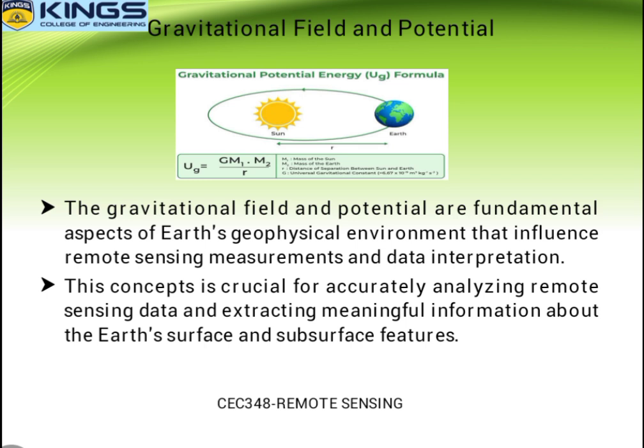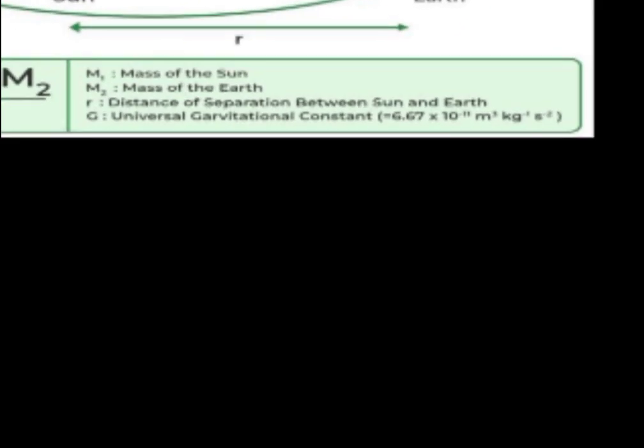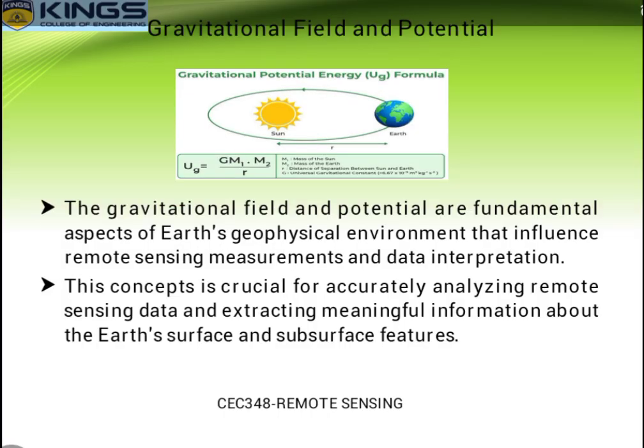It's connected to the sun and Earth, and the formula is given by Ug equals G m1 m2 divided by r. m1 is the mass of the sun and m2 is the mass of the Earth. r is the distance of separation between the sun and Earth, and G is the universal gravitational constant, 6.67 into 10 power minus 11 m cubed kg power minus 1 s power minus 2.